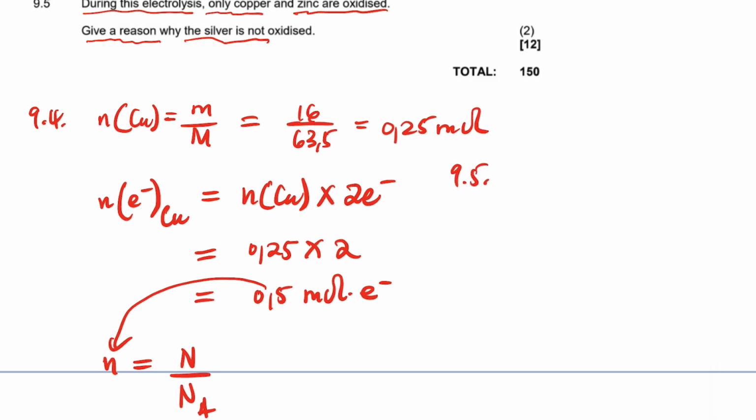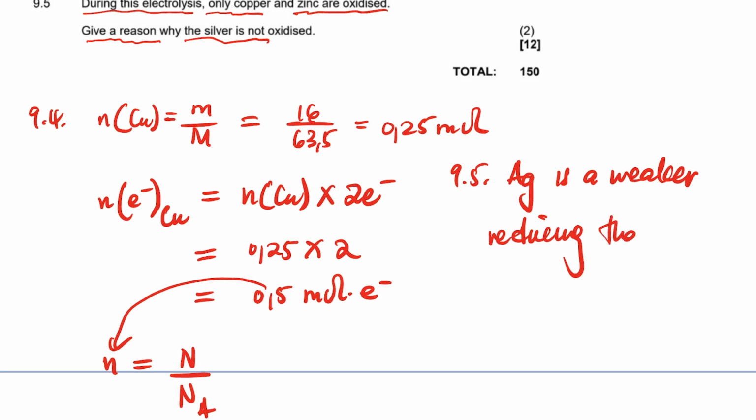If you look in the table, Ag is a weaker reducing agent, because Ag is at the bottom of the table. It's a weaker reducing agent than Zn and copper, right?